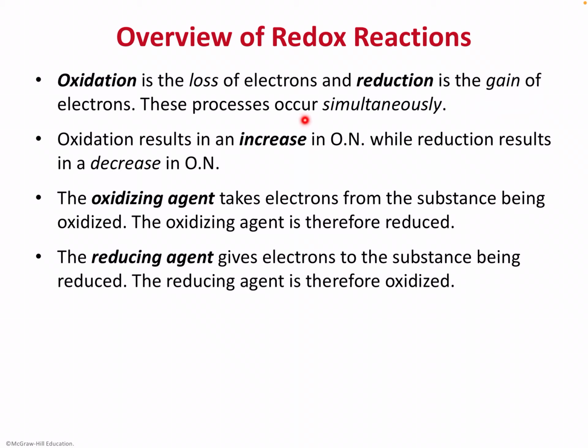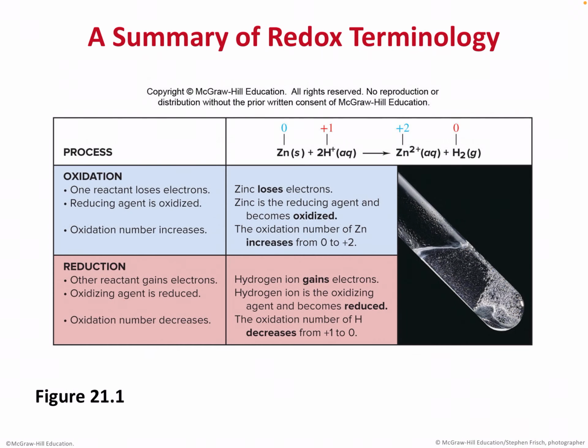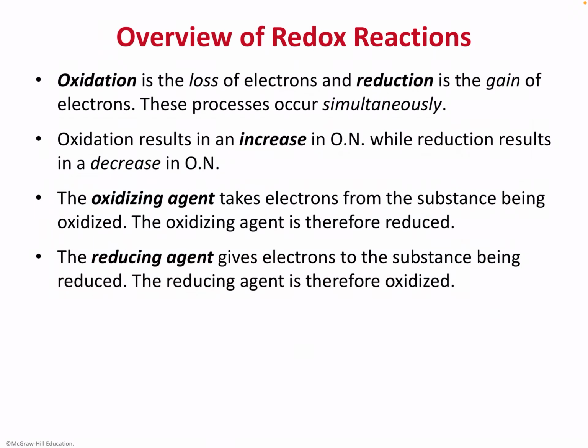These processes occur simultaneously. If somebody loses an electron, somebody has to be there to gain that electron, so it has to happen simultaneously. What is happening during an oxidation? Oxidation results in an increase in oxidation number. For example, let's say we have sodium chloride.